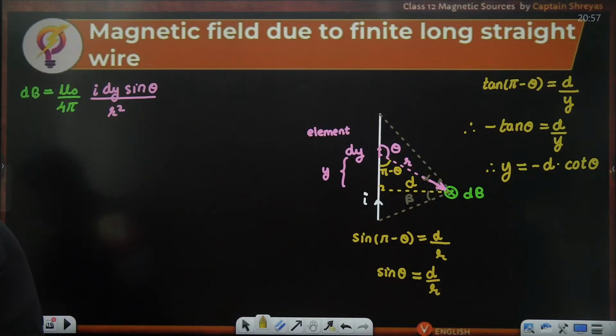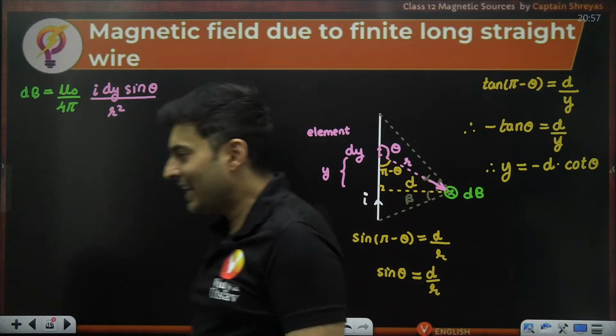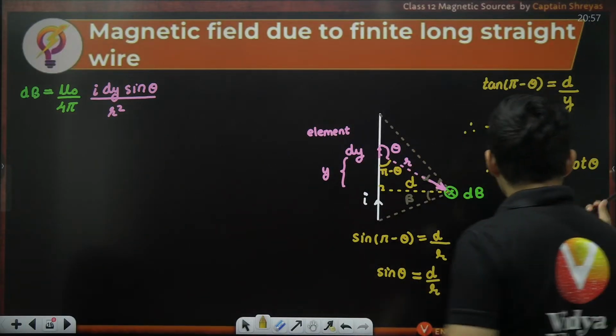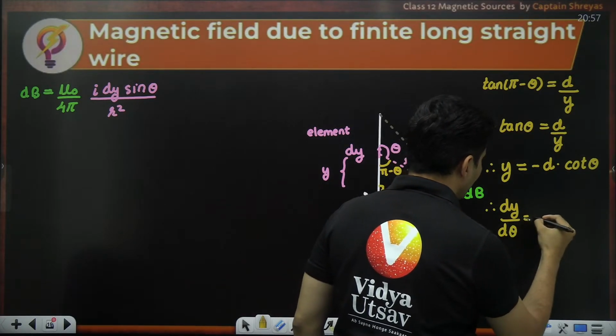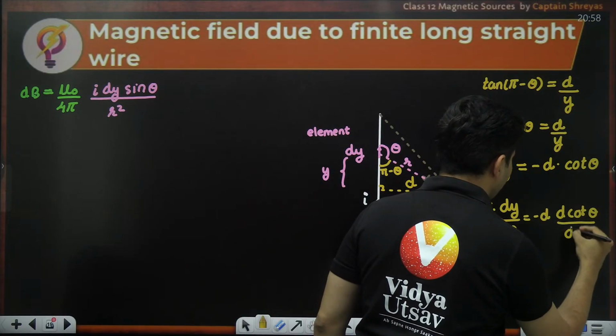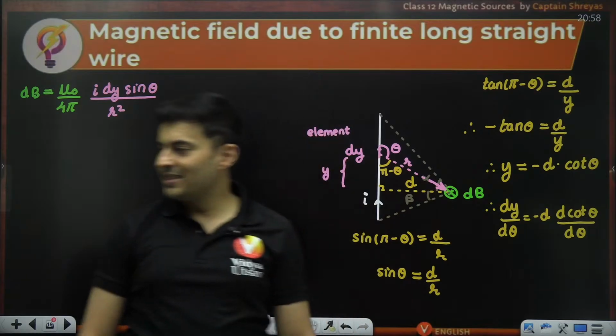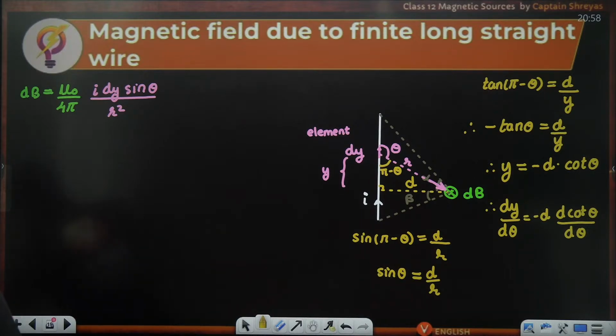Yes, very good. What next, guys? Think about it. What is the next step? We want dy, right? What do we do for dy? Take derivative. So if I take dy by d theta, it will be minus d times the derivative of cot theta with respect to theta. What is the derivative of cot theta? Quickly, come on, my dear warriors.